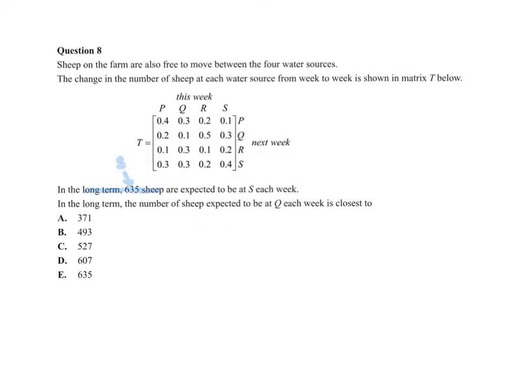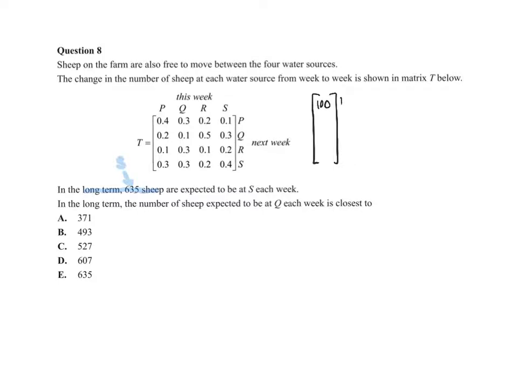So even though I don't know how many there were in total to begin with, I can say the percentage, and I can say I'm going to create a percentage state. And in total, there would be 100%.